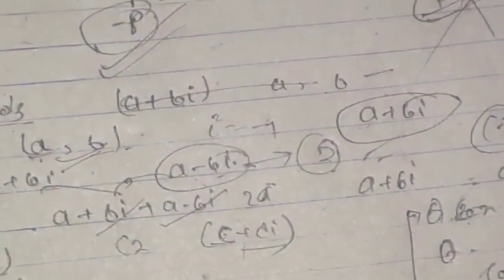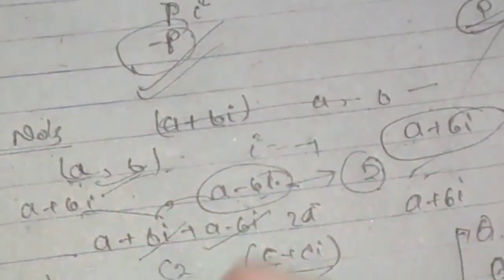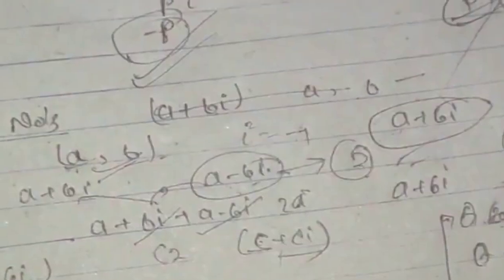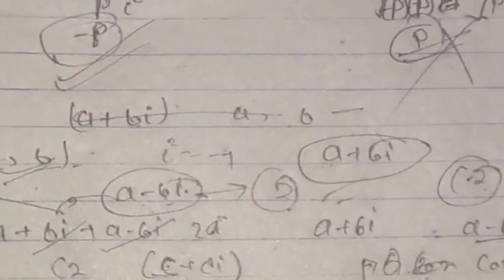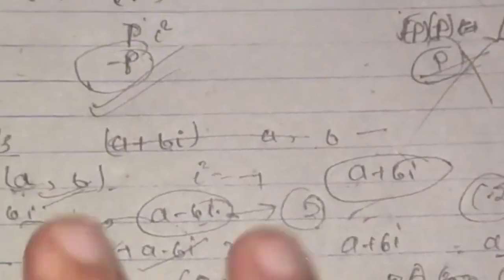Let's think. Two complex numbers are equal if the real part is equal to the real part and the imaginary part is equal to the imaginary part. It is like two men being equal: both face and clothes are equal. Then to say this and this are equal means no difference. So this is the face and this is the body.